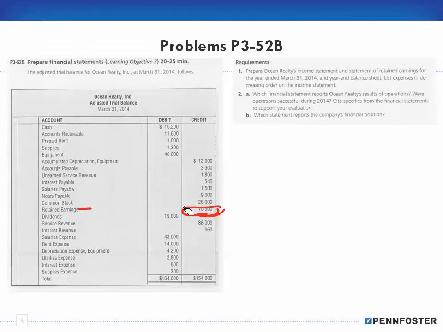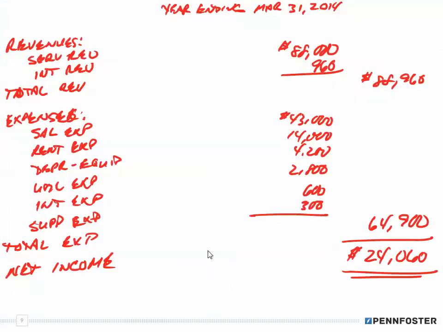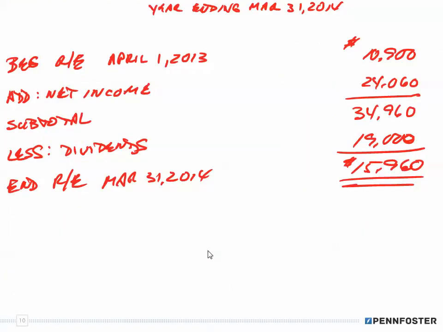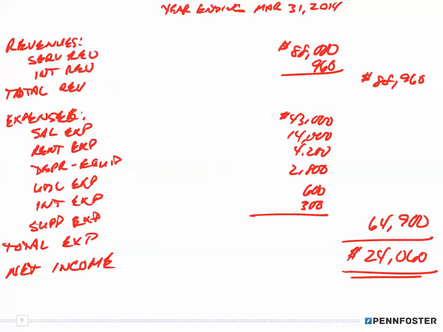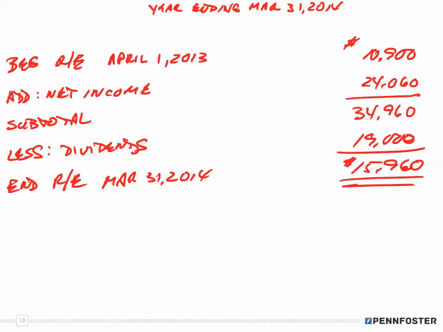They still have these balances in them: the retained earnings, the dividends, our revenue and expense amounts. But we're able to create the balance sheet from our two previous statements, our income statement and our statement of retained earnings, even though we have not done anything with our books just yet.